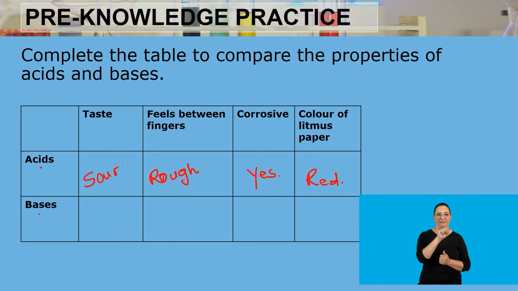And now what about the bases, comparing them with the acids? We know that if acids taste sour, then bases must taste bitter. So therefore, the bases are bitter. And then how do bases feel to the touch? We know that bases feel slippery to the touch.